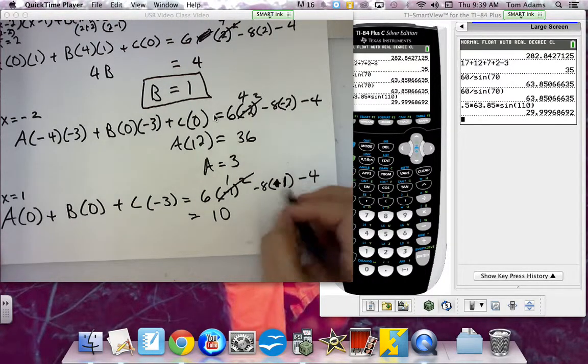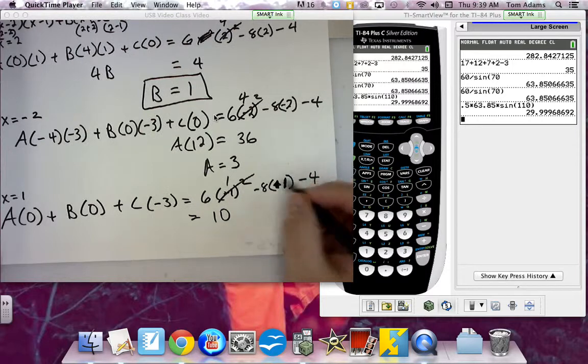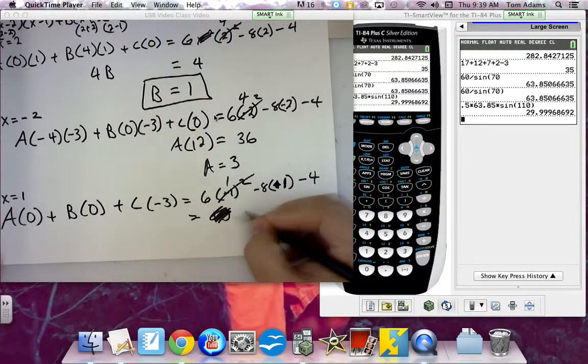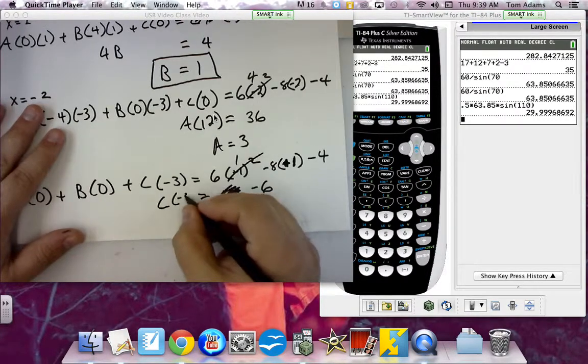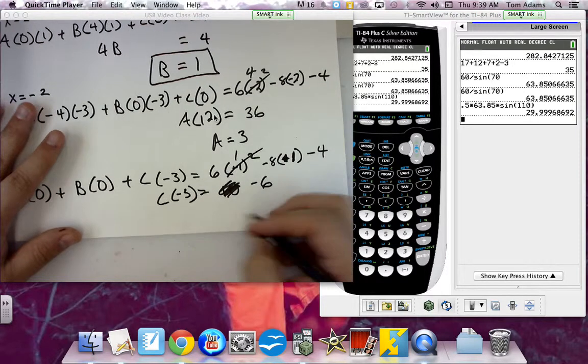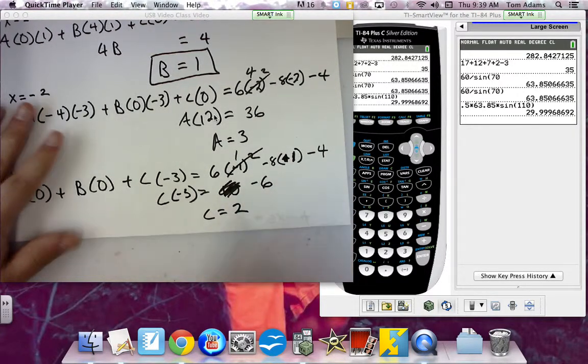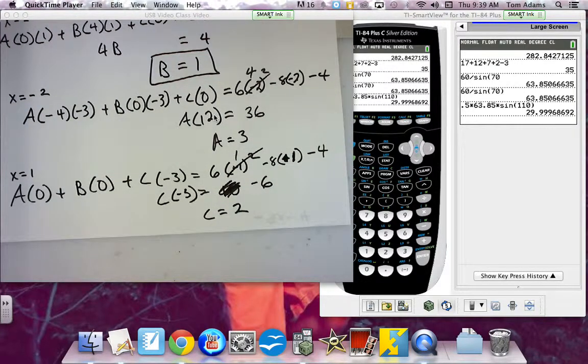So this is still 6, but now it's 6 minus 8, which is negative 2, minus 4, that's negative 6. So C times negative 3 equals negative 6. If I divide both sides by negative 3, I get C is equal to 2. Whew, that's a lot of work.